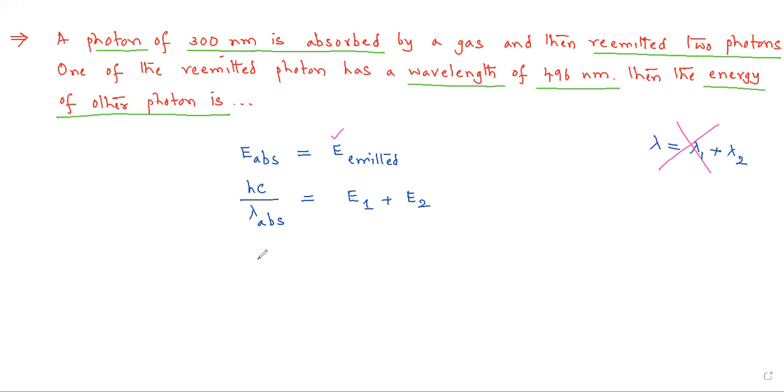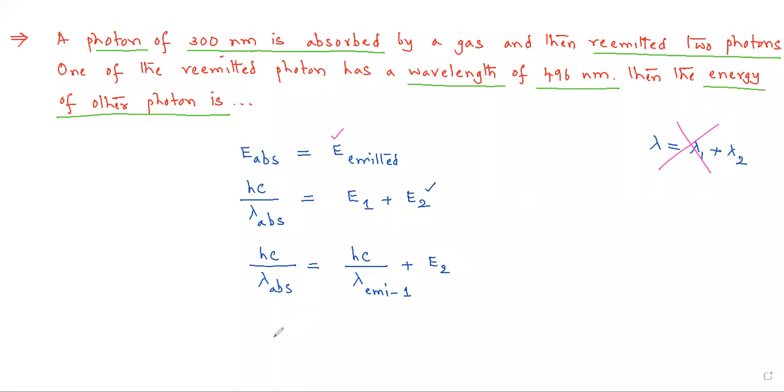So now hc by lambda absorbed is equal to, in this case, let us consider hc by lambda emitted 1. But because they are asking the energy of the other re-emitted photon, I am not writing this in the form of hc by lambda emitted 2. Let me write this as E2 simply.